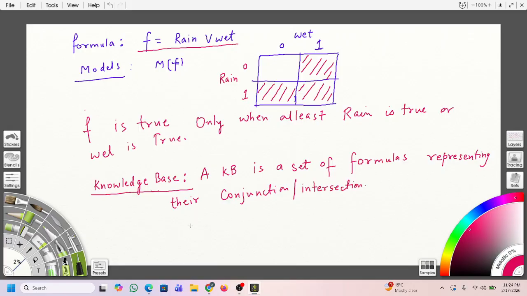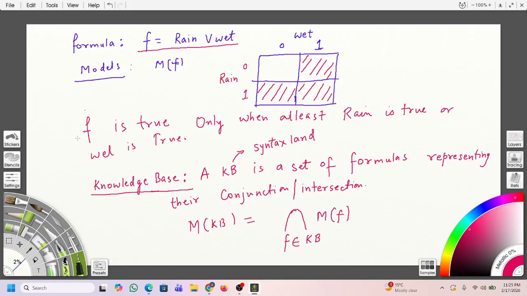The KB belongs to the syntax land, and M(KB), the models of KB, belongs to the semantics land. So M(KB) is equal to the intersection of M(F), the models of F, where F belongs to KB. So this is basically the intersection of all the models of F.